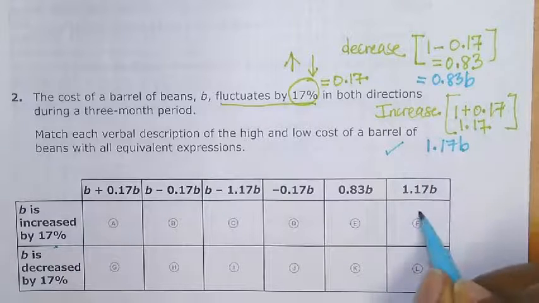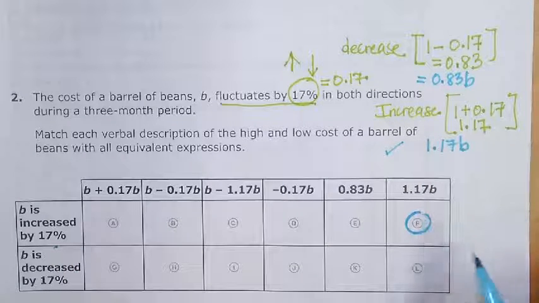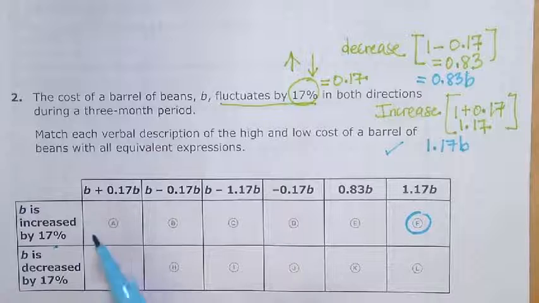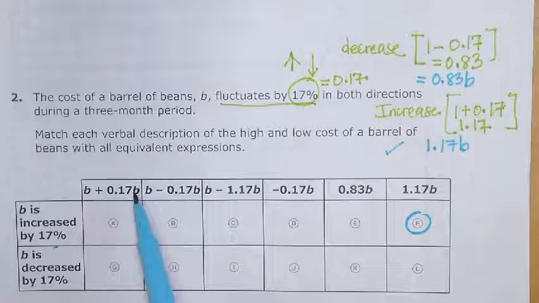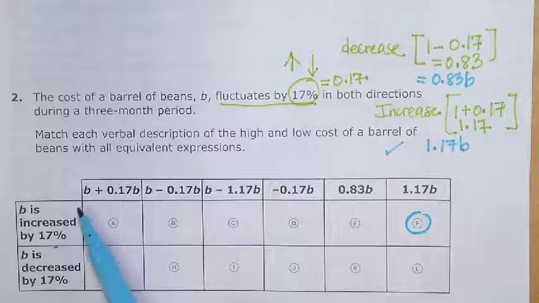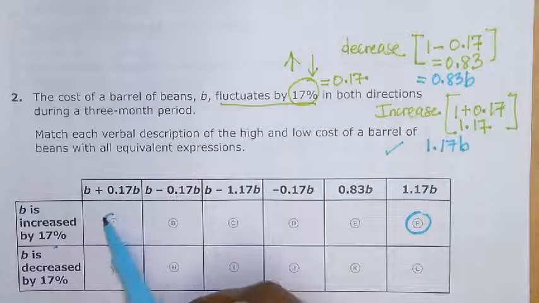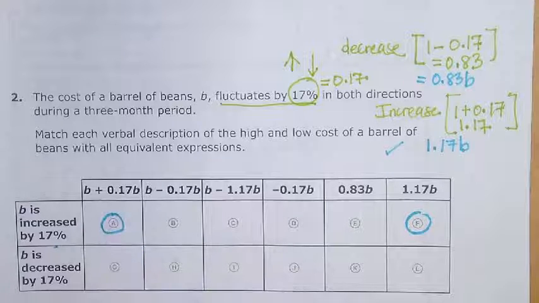Good? So if it increases, then of course we look at what we found before. It would be this, right? As well, we could find what is 17% of B and then add it to the cost of B. So this could also be an answer because it's the same thing. It will give us the same result. Then it says B is decreased by 17%.